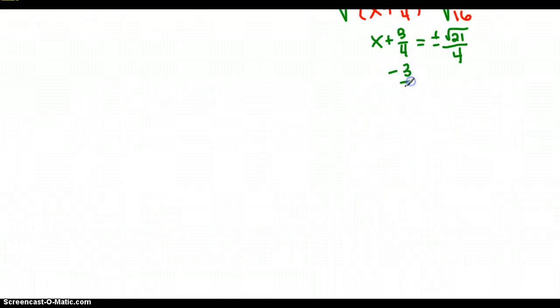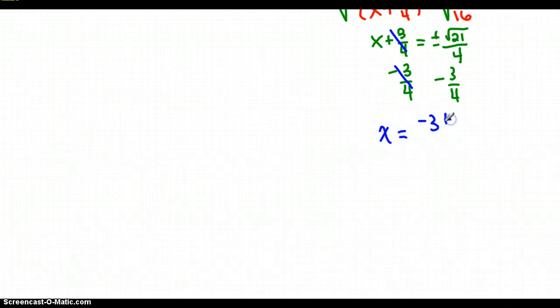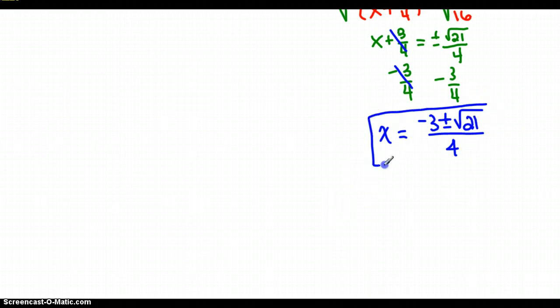On the right-hand side, we have a common denominator, so I can write this as one fraction. x equals -3 plus or minus the square root of 21 over 4. And those are our two solutions. Those are our two roots, and those are our two x-intercepts.